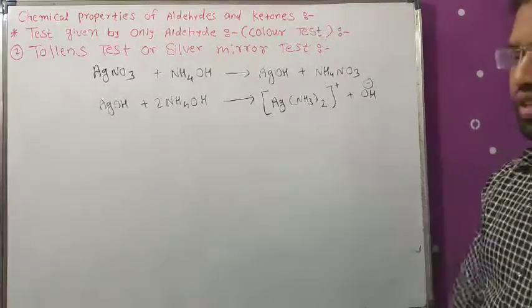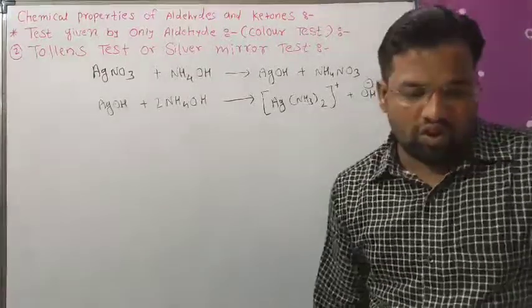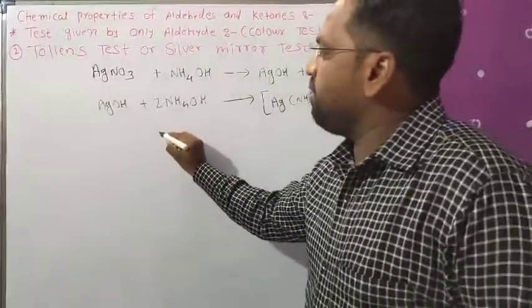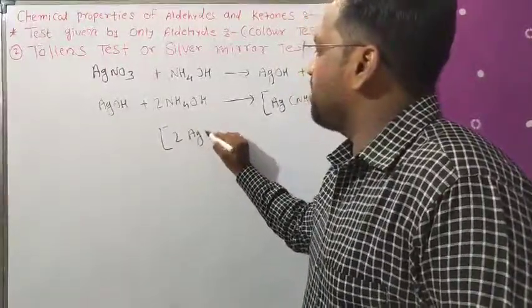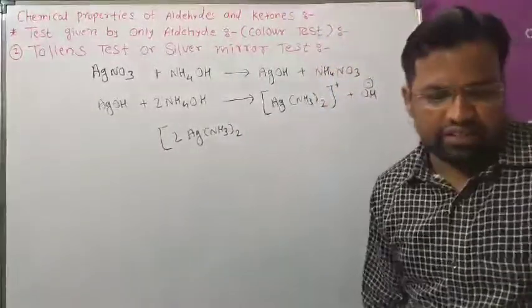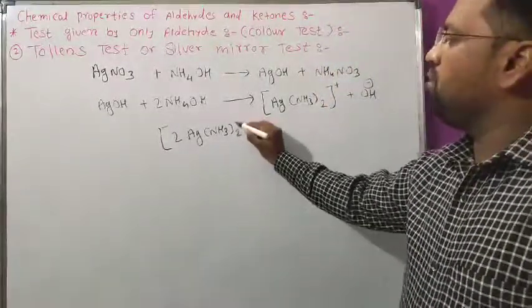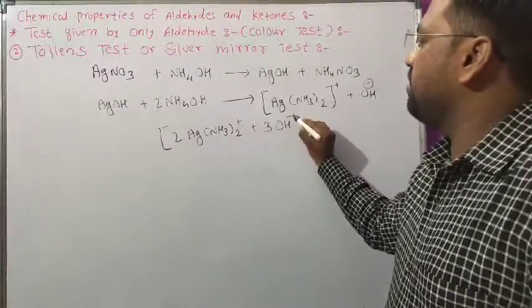But the Tollens reagent is indicated by the following formula, that is 2 moles of Ag(NH3)2 plus 3 moles of OH minus ions.